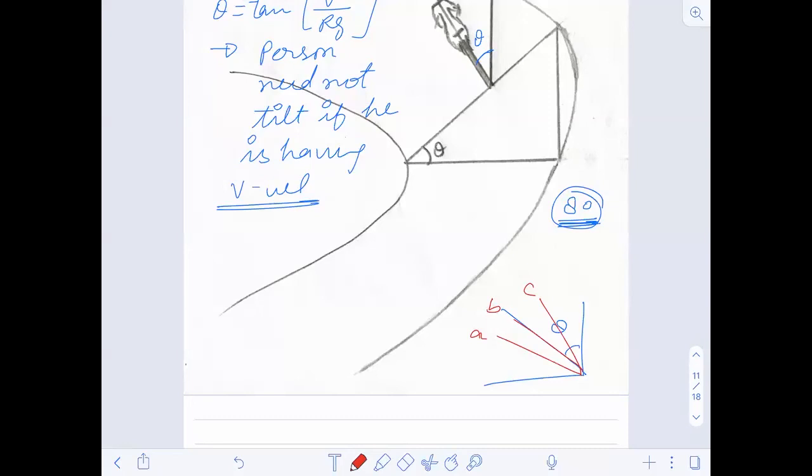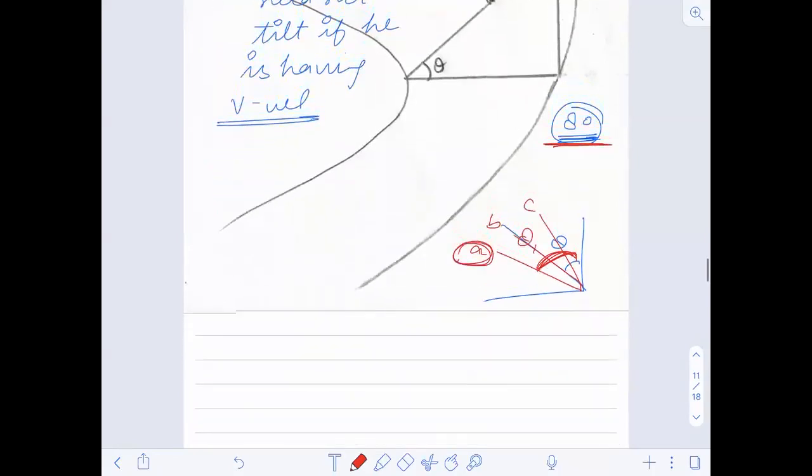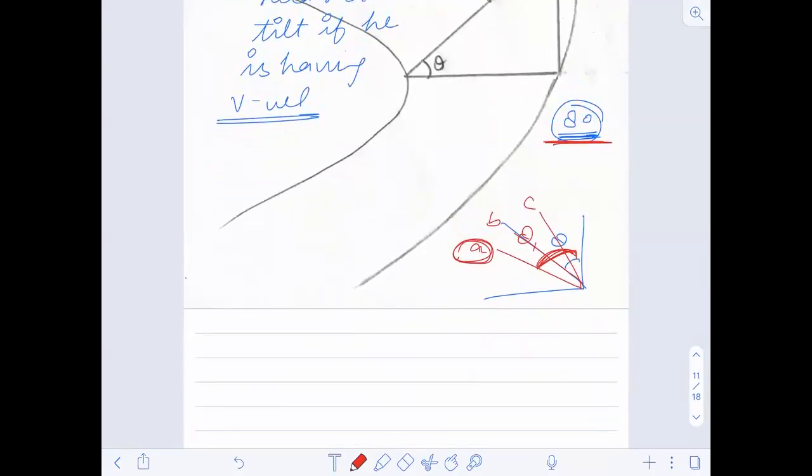Correct. If the person wants to travel with 80 kilometers per hour, then he has to choose this. Suppose he has to tilt theta 1. So if the person wishes to travel with v1, which is greater than v, then theta 1 shall be greater than theta. In the same way, if v2 is less than v, then theta 2 must be less than theta.